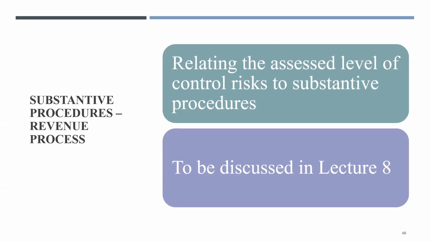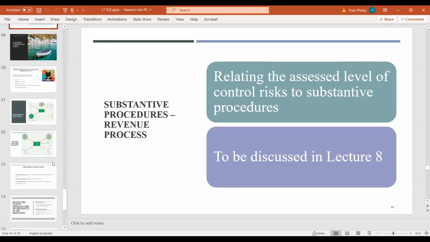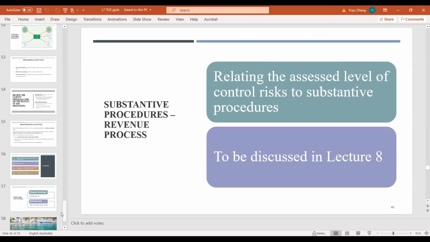In condition A, the total value of those sales would be, let's say, $10,000. I can just type it in for you.